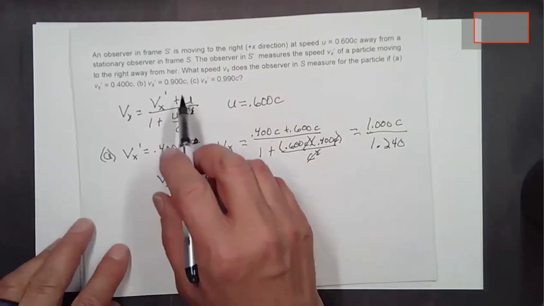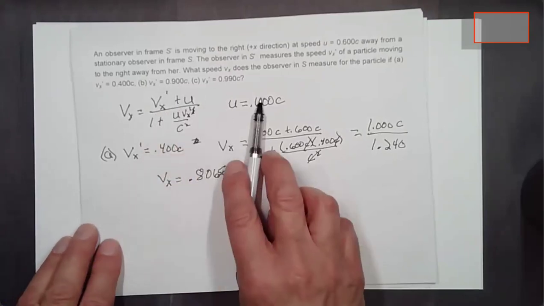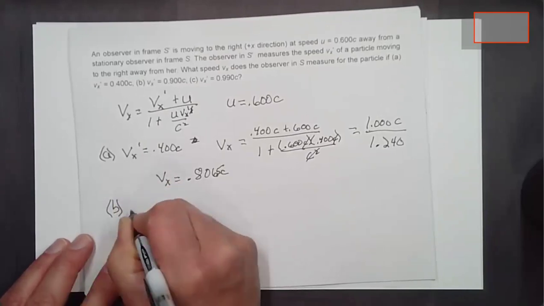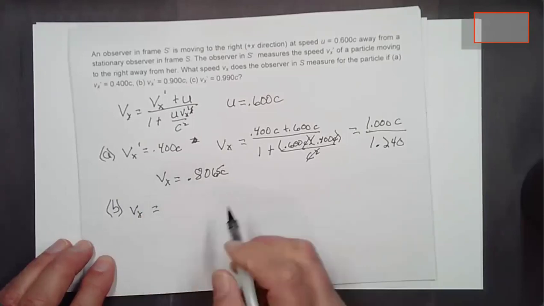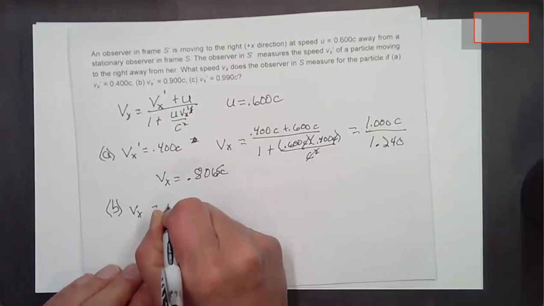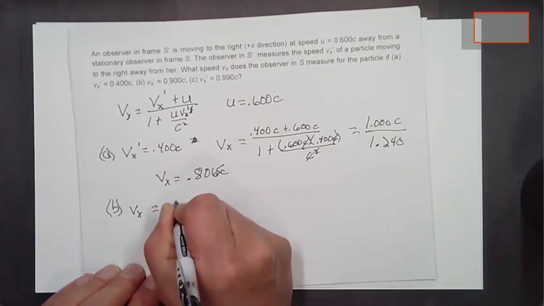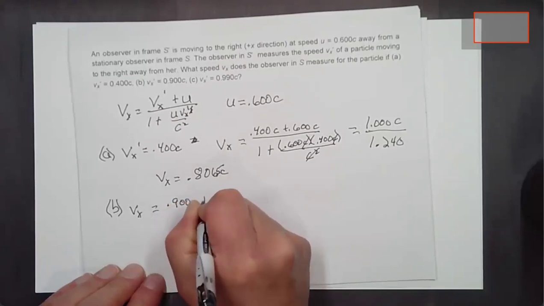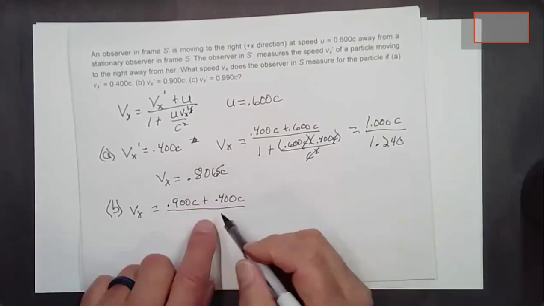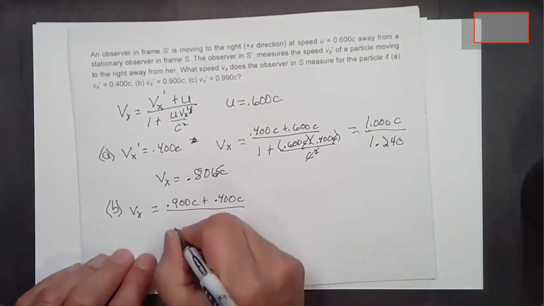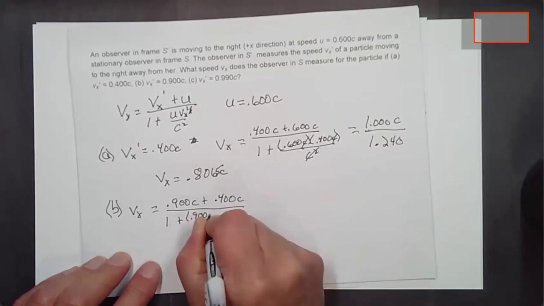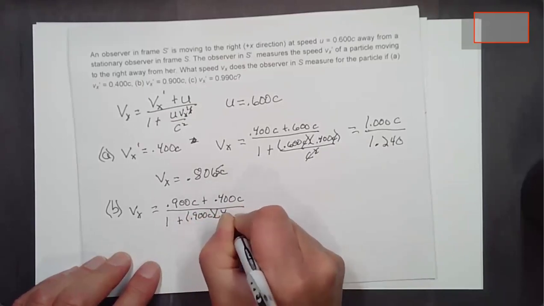So let's see what happens when v sub x prime is 0.900 c, and then that other one there. Well, v sub x will equal the sum of those two velocities, just add them together, 0.900 c and 0.600 c, and our numerator is going to be divided by 1 plus 0.900 c times 0.6.